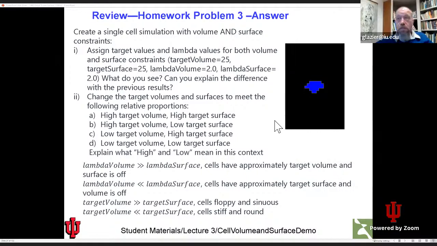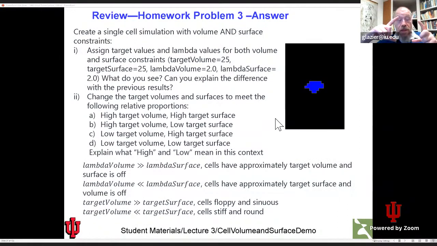So let's do the exercise I think you already just alluded to. Suppose I'm in 2 dimensions, and I have a lot of volume and a small surface.